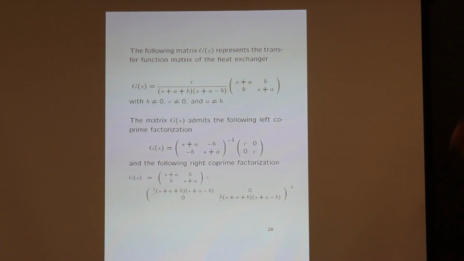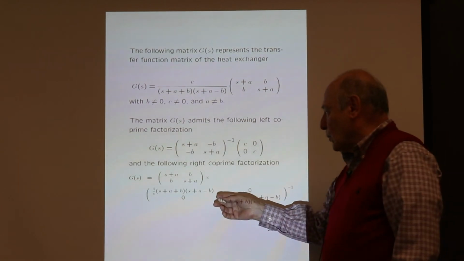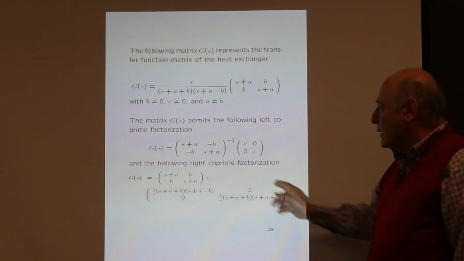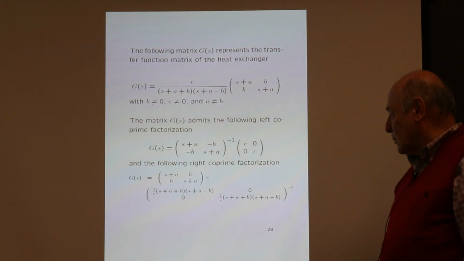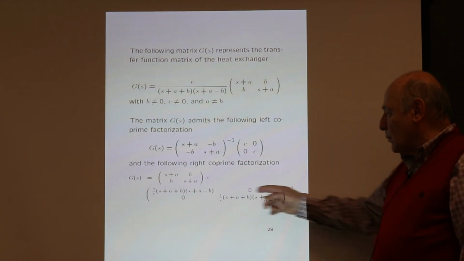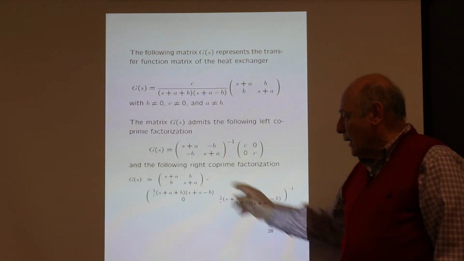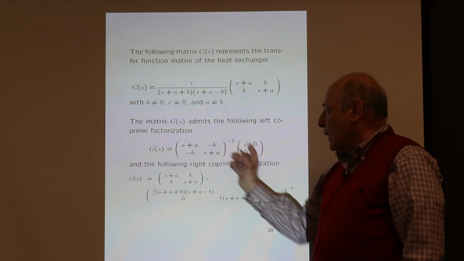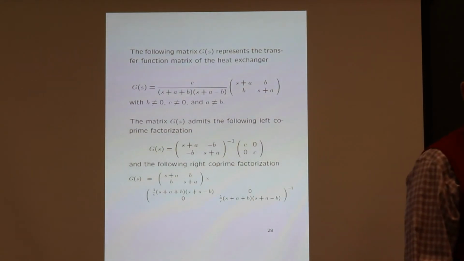And you also have a right coprime factorization. So G of S can be put as this polynomial matrix times this diagonal polynomial matrix also. The inverse of that diagonal polynomial matrix will form in this product a right coprime factorization of G, and this will be a left coprime factorization of G.